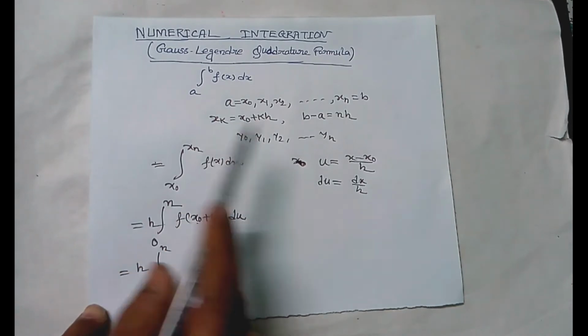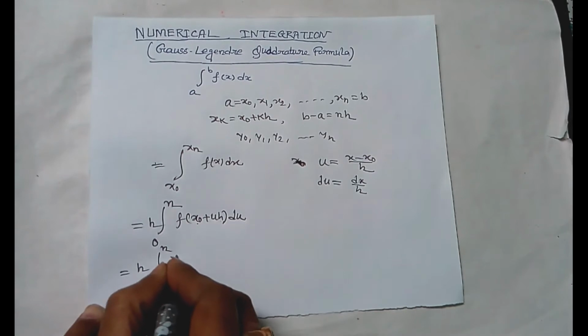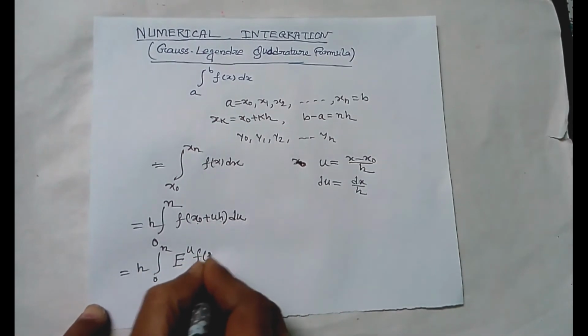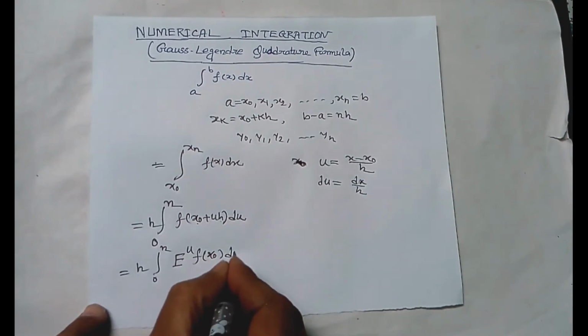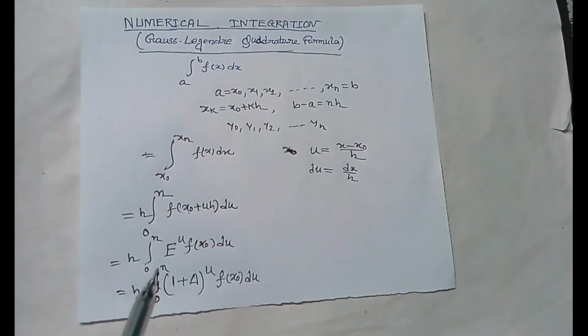Since the arguments are equidistant, using the shift operator we may write it as E to the power u acting on f(x0), and it is du. Next we know that the shift operator E is equivalent to 1 plus delta, the forward difference operator. So we replace E by 1 plus delta.